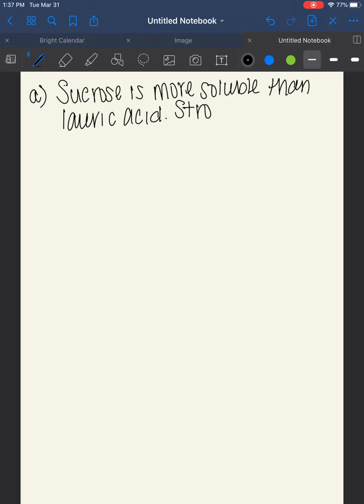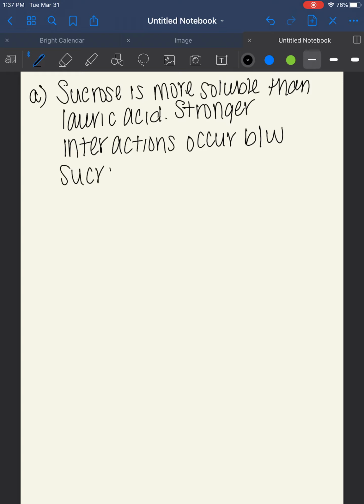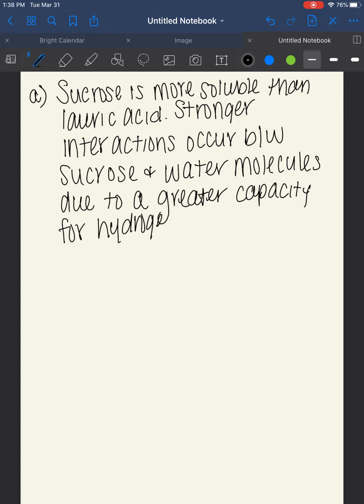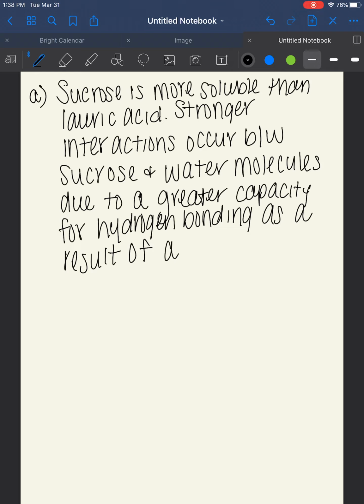Okay, so we said stronger interactions occur between sucrose and water molecules due to a greater capacity for hydrogen bonding as a result of a larger number.